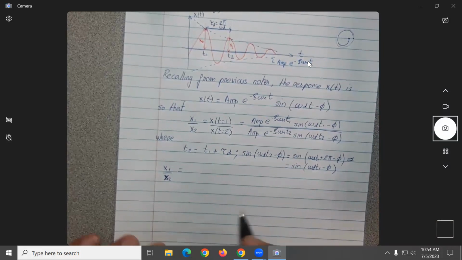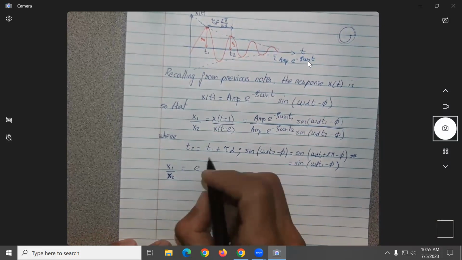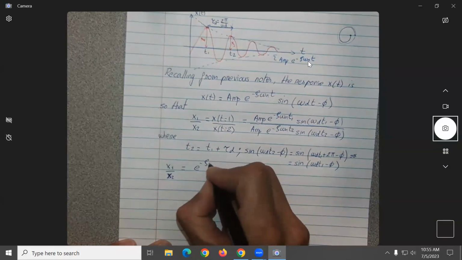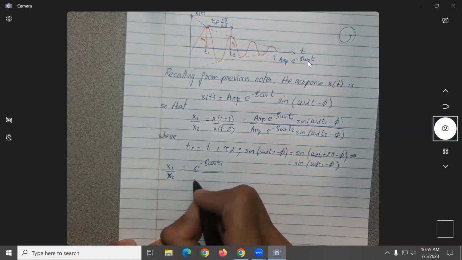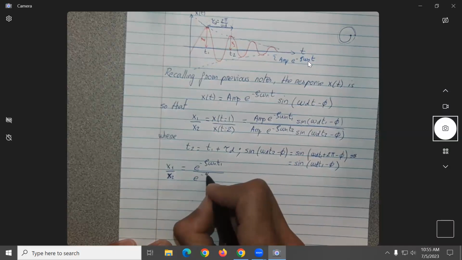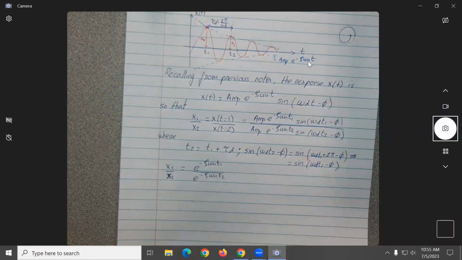The division is not important anyway, but what is important here is the exponential of minus the damping ratio omega n t1, divided by the exponential of minus the damping ratio omega n t2.